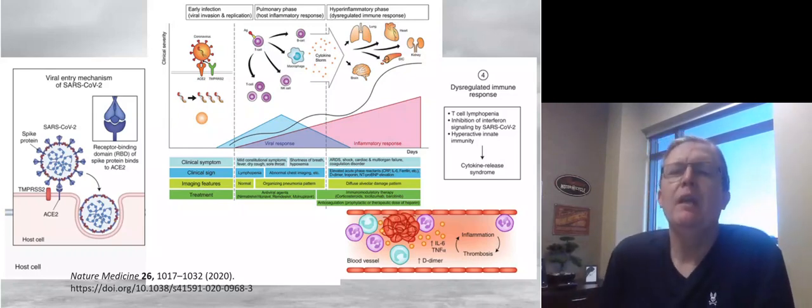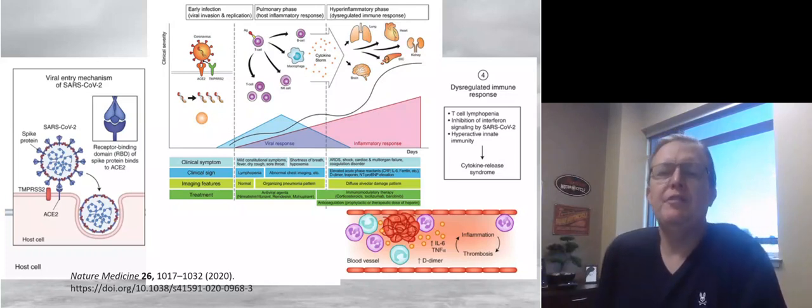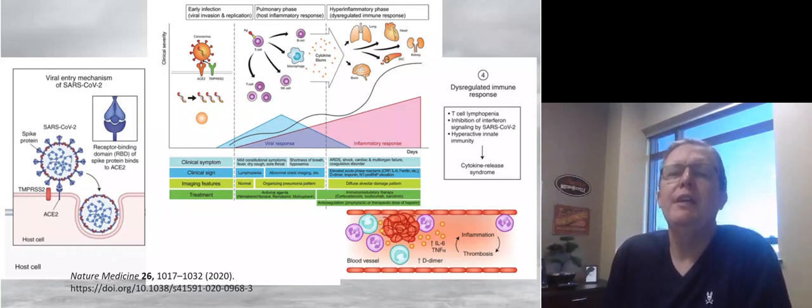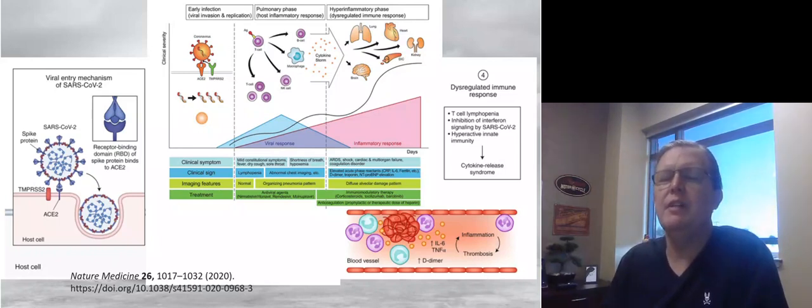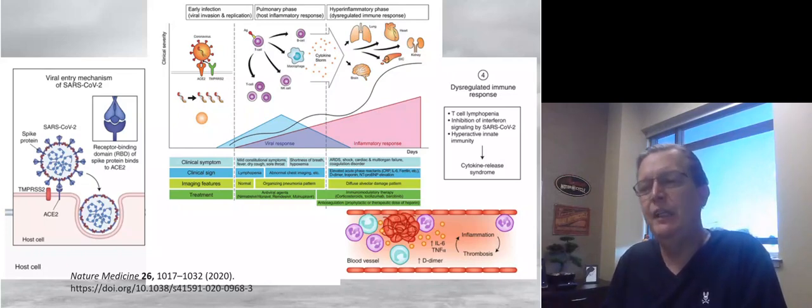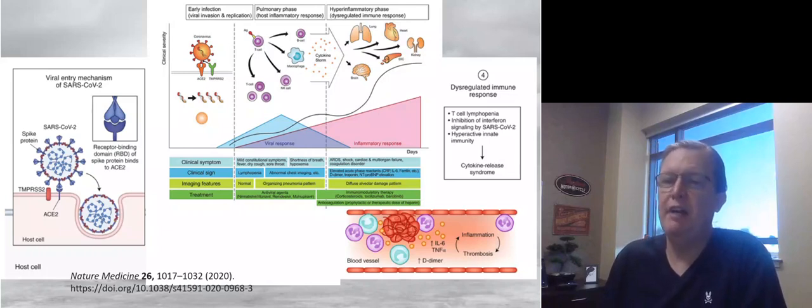The other piece here is this, the next phase, or this latter phase, is this hyperinflammatory phase. And notice that it is not necessarily associated with the highest volume of viral response. It's associated with the inflammatory response, these inflammatory mediators that are elicited in response to the virus.